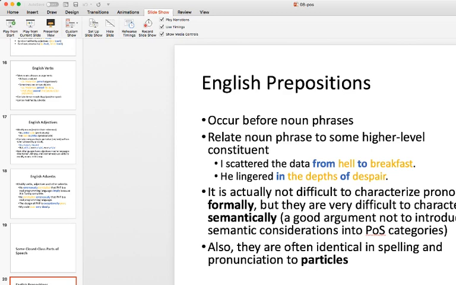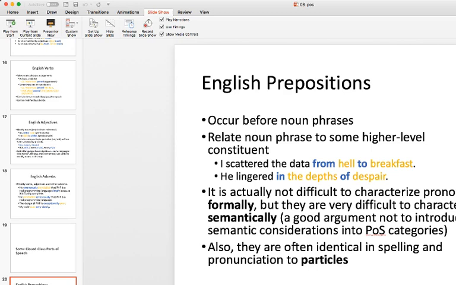It's actually not hard to characterize prepositions formally because they occur in such a distinctive position. But they're difficult semantically because they tend to have such abstract meanings. They're not very concrete. Think of the preposition by or the preposition of and try to define them in a way that works for all contexts. Like, if you think of he was hit by the ball or the storming of the castle.